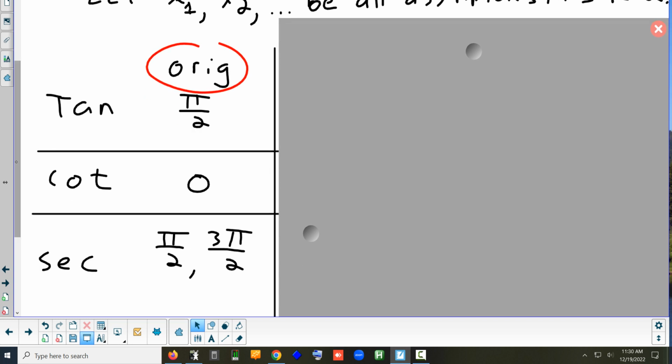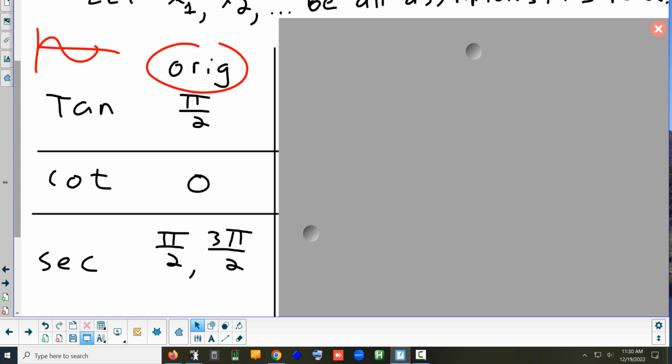For secant, the first 2 asymptotes that you will hit are the first 2 places where cosine crosses the x-axis: pi over 2 and 3 pi over 2. And for cosecant, it's the first 2 places that sine crosses the axis.